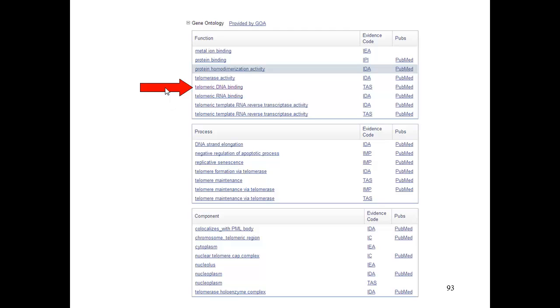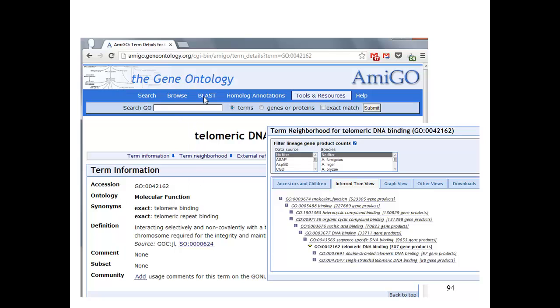When we go back to the Entrez gene entry for telomerase, we see that under molecular function, telomeric DNA binding was highlighted. If we go to version 1 of the Gene Ontology browser, we can see telomeric DNA binding is a subset of sequence-specific DNA binding, which is a subset of DNA binding, which is a subset of nucleic acid binding, and eventually even just a subset of binding in general. These are all molecular functions.